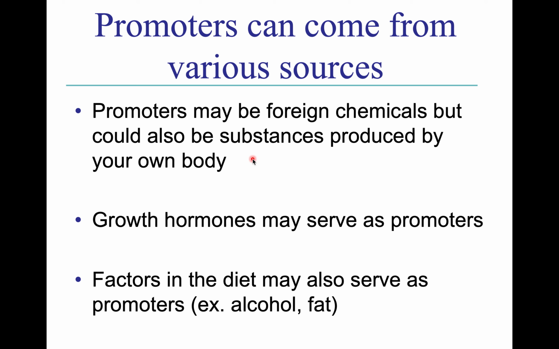Things in your diet, alcohol, fat are known to be promoters, right? We already talked about the synergistic effect between cigarette smoking and alcohol consumption, right? It's basically this same idea again. The cigarette smoke would be the carcinogen, like lots of carcinogens, and the high alcohol consumption is killing cells and acting as a promoter, kicking on cell proliferation.